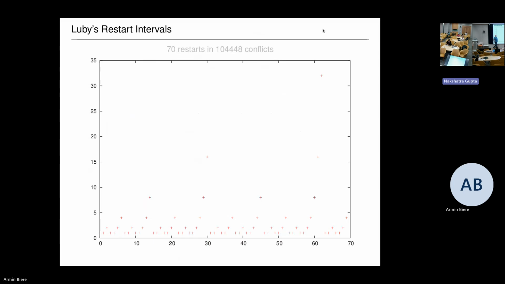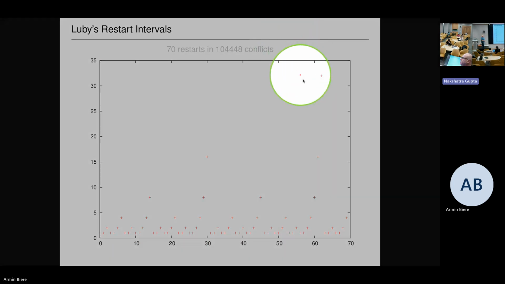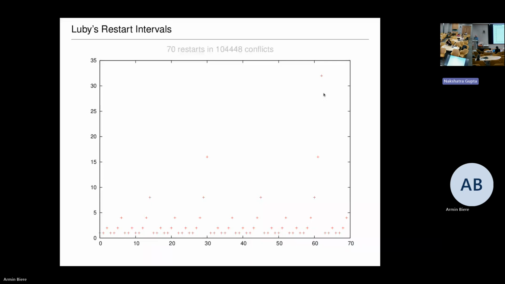Okay, so you already get an intuition. This is a log n factor slower than a geometric increase. But it has this nice effect, if you look here, that it still has very frequent restarts. You're only paying for this, in the worst case, by extending the time before you hit, for instance, the largest one of 32 by a log n factor, so by 5. And that's why this is now the standard.